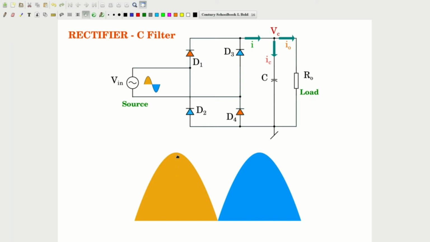Let us start from this peak point as a reference, and then we will come back to it and extend it. Let us say it is in a steady state, which means that there is some charge accumulated in the capacitance. If we are starting at this point, the voltage at the capacitance will also be of this value, Vm.